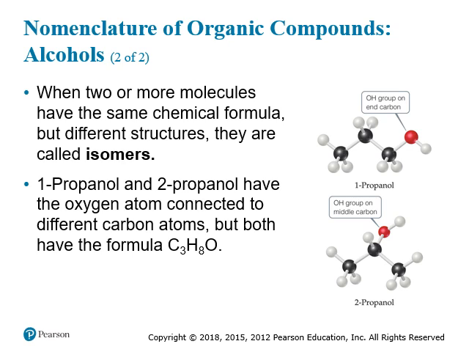It should be noted that while these molecules look similar and have the same chemical formula, in fact they can have different chemical and physical properties. For example, 1-propanol and 2-propanol have different boiling points.